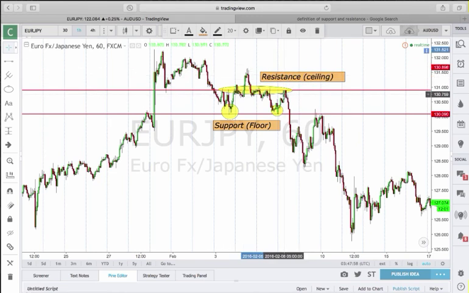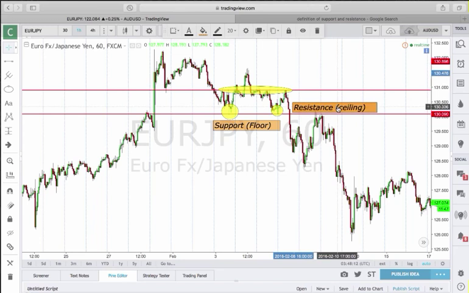Okay? Now watch what happens with price again. Price continued to break this area, bounce above, and come back to test this level that was once a floor as a newfound ceiling. As you can see here, price broke the floor, came back up and tested it as the ceiling.